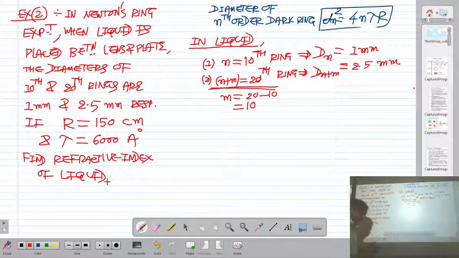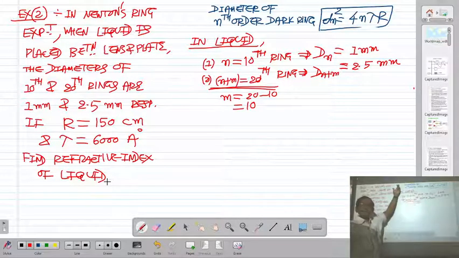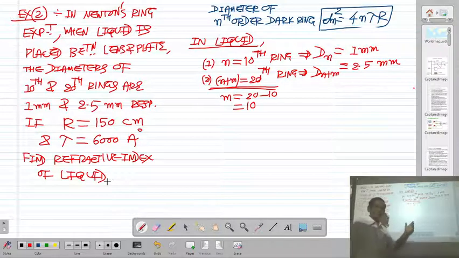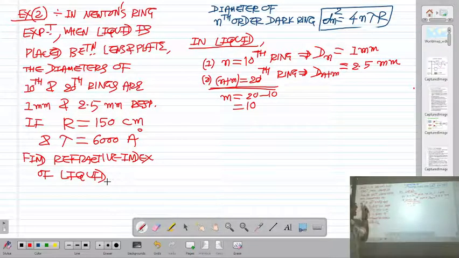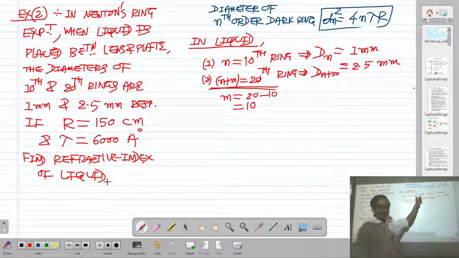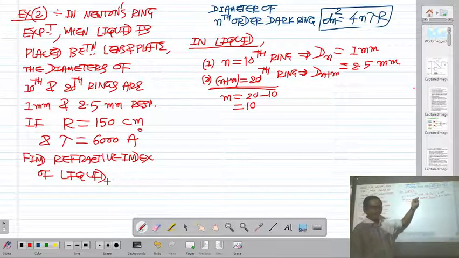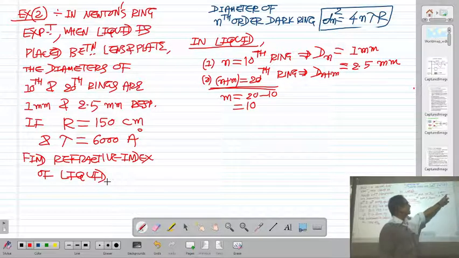Once again I repeat, in Newton's ring experiment, when a liquid is placed between lens and plate, forming a liquid film, the diameter of the 10th dark ring in the liquid is 1 mm, and the diameter of the 20th dark ring in liquid, capital D(n+m), is 2.5 mm.